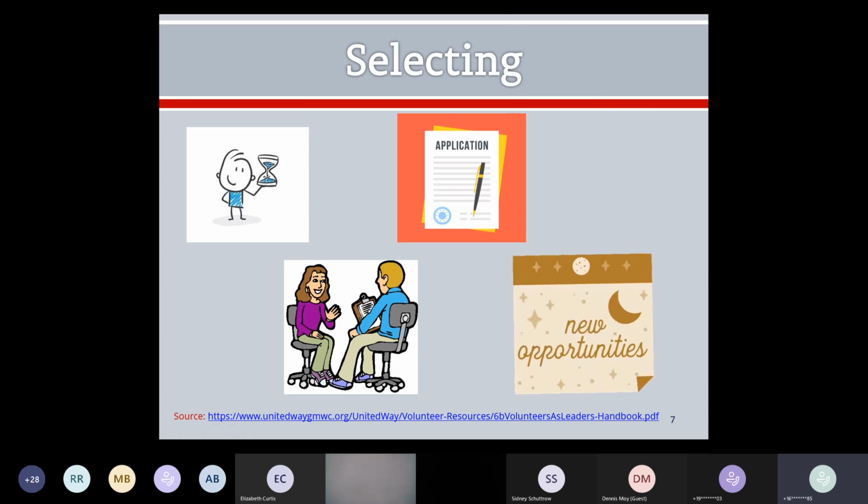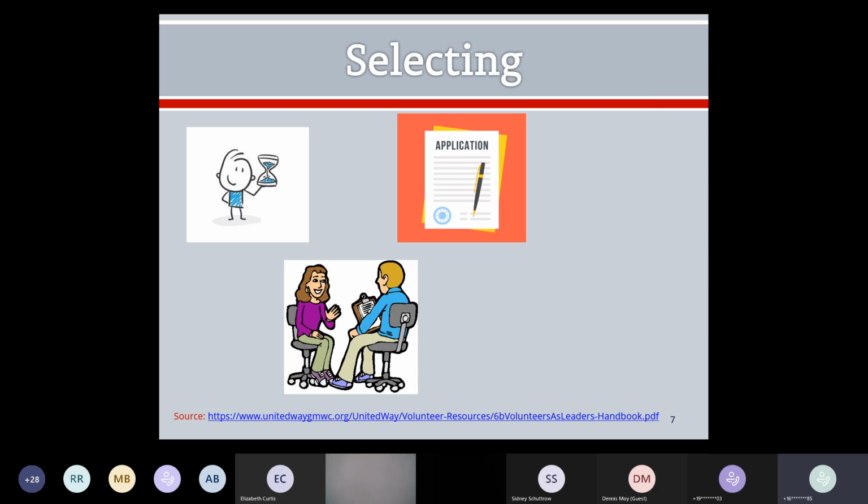Have the volunteer role description with you in your interview process. That way you can look through it together. Maybe you're recruiting a chair for your fundraiser and your description says that the volunteer leader is going to be responsible for raising $15,000 for your organization. I know that's a hefty goal, but we're looking for hardcore leaders, right?